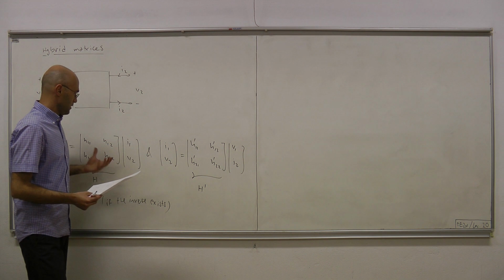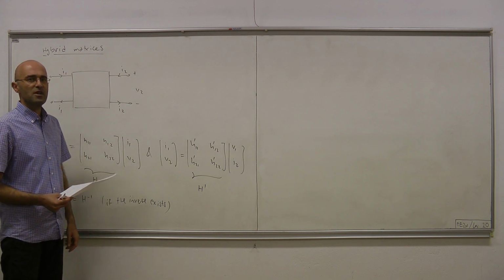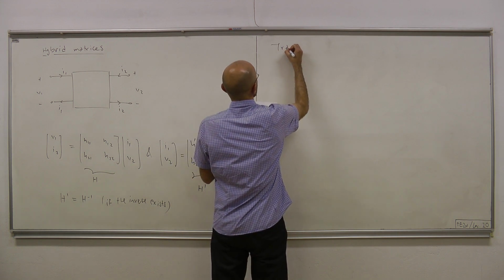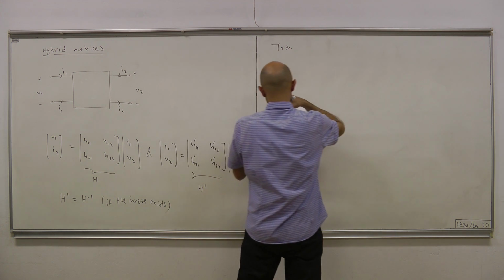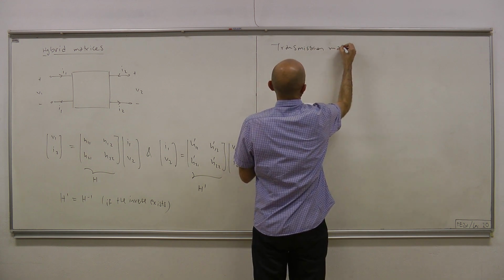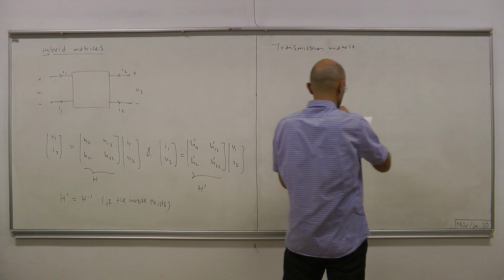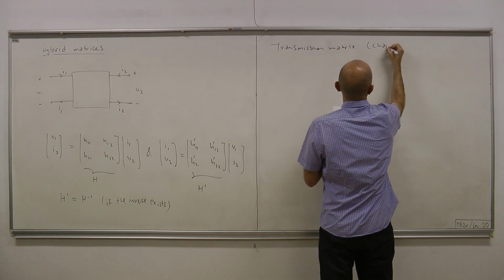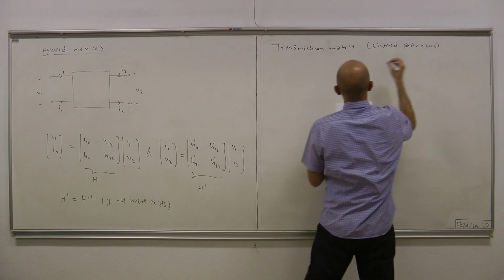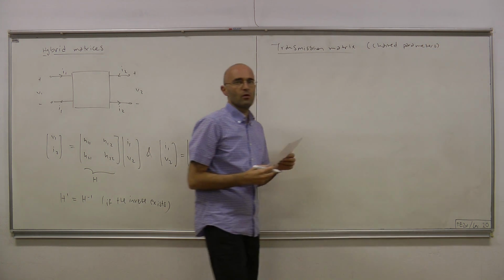So these are the two hybrid representations, and we have one final representation that we want to talk about, and that's called the chain parameters representation, or transmission matrix representation, chain parameters. Okay.